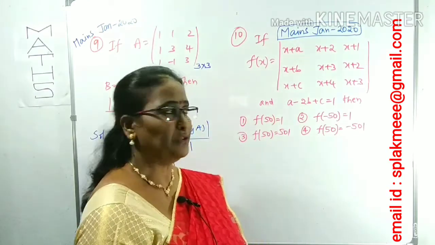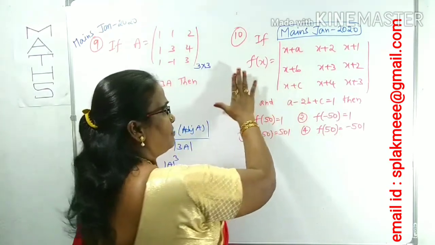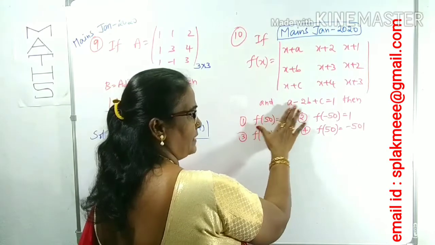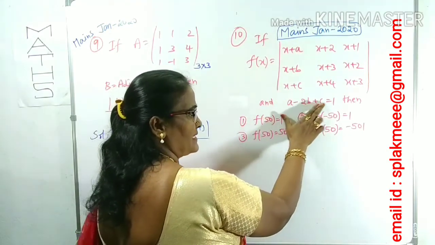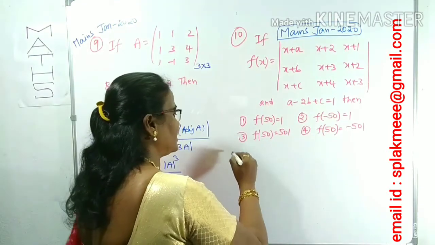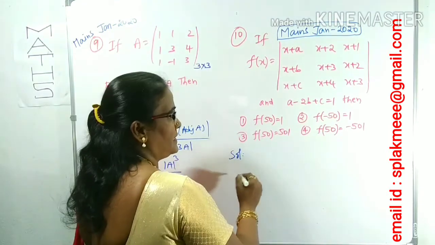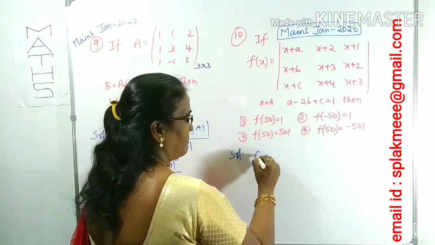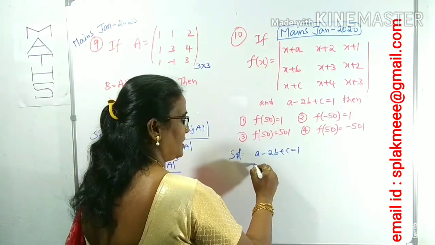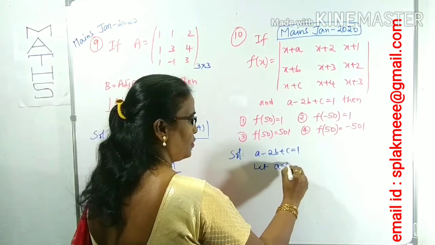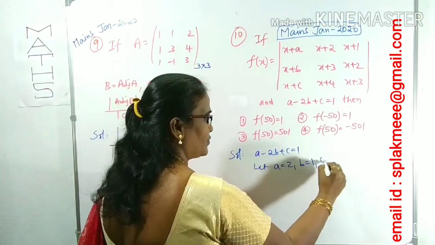So what you can do, if the determinant is given in the form of some f of x and also there is a relation of a, b, c. What is the relation of a, b, c given? A minus 2b plus c is given as 1. That is what I am using here for a simple way. To satisfy a minus 2b plus c equals 1, shall I use a as 2, b as 1, c as 1, right?